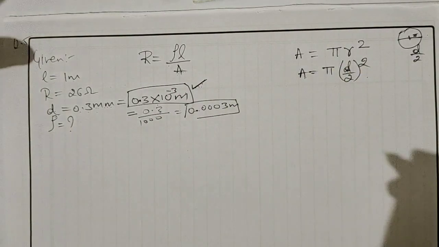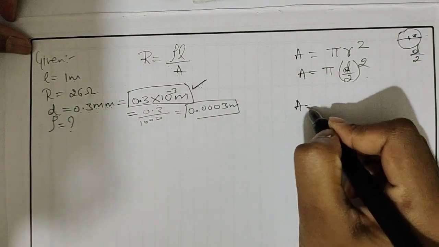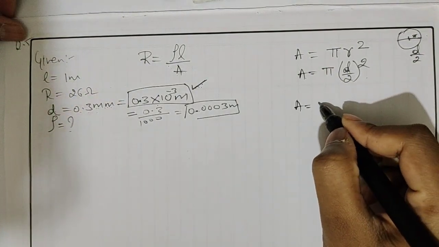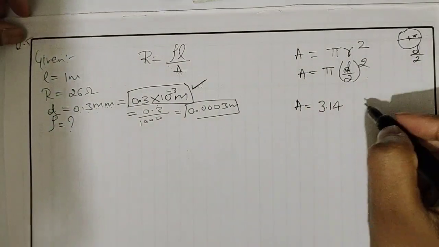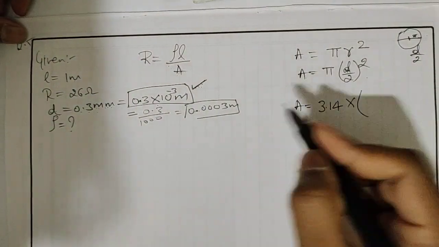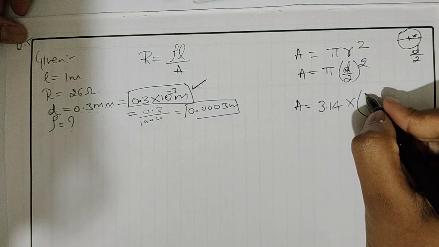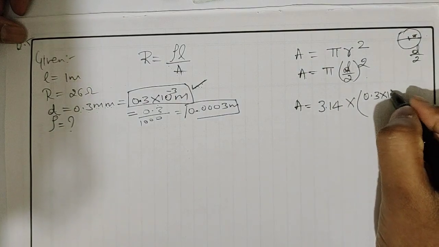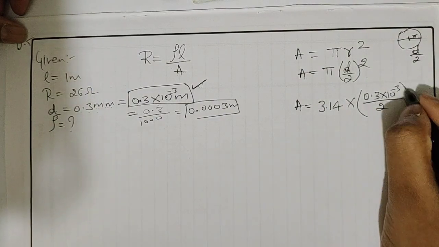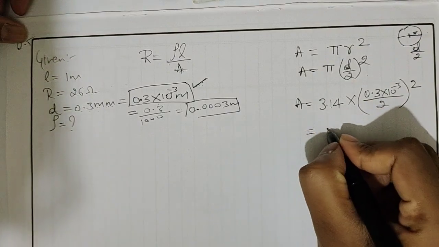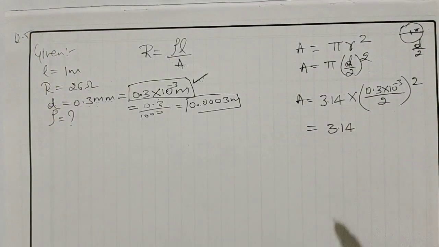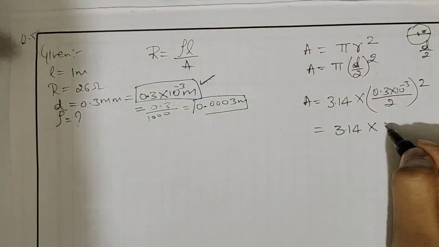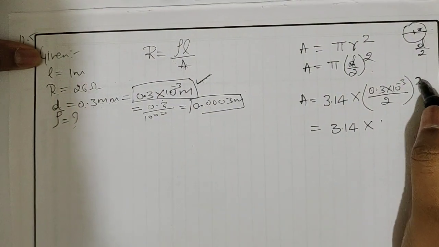Okay, so next, A equals pi. You know the value of pi, that is 3.14, or you can also take 22/7, anything is fine. And next, what is D? As I told, I'll take this one, 0.3 into 10 to the power minus 3, and divided by 2, whole square. So let me write this as 3.14 into 0.3 into 0.3.